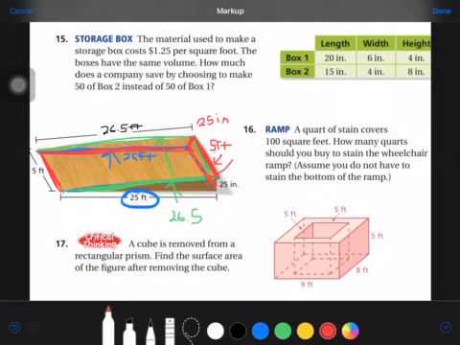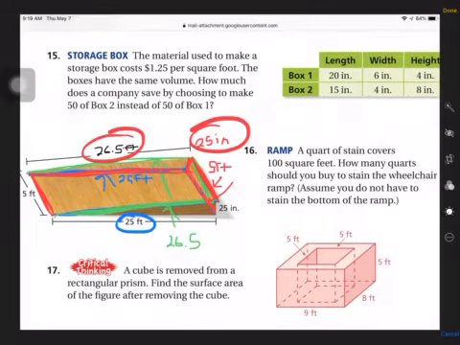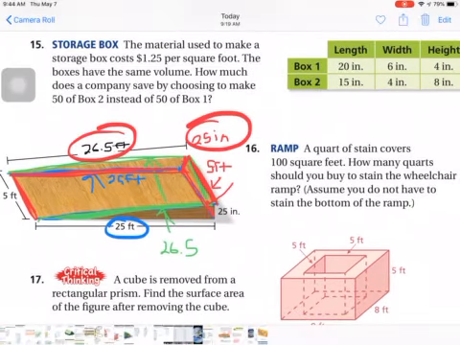Now we have to be careful with this one because here we're measuring feet and here we're measuring inches. So we have to figure out how many feet is 25 inches. So 25 divided by 12 is... all right, I hope that makes sense. Feel free to go ahead and find it. All right, we're done.